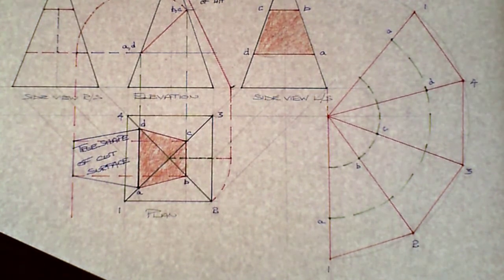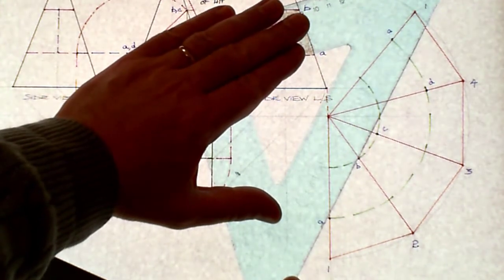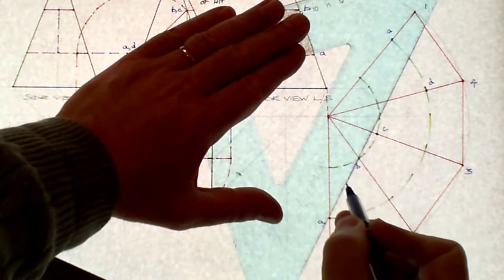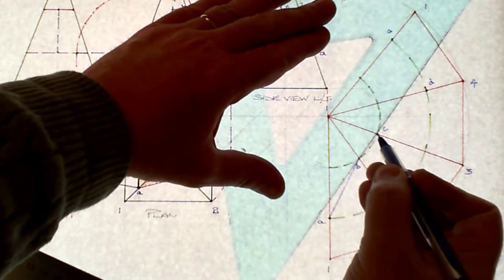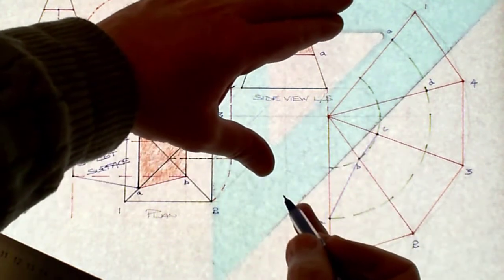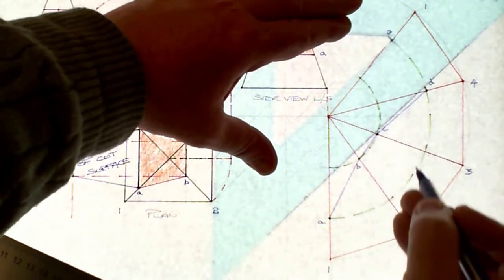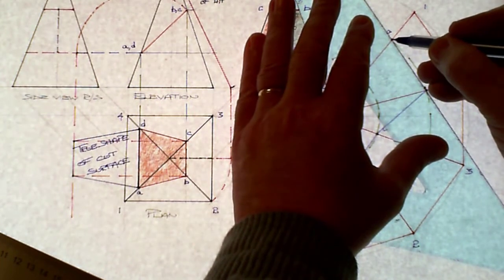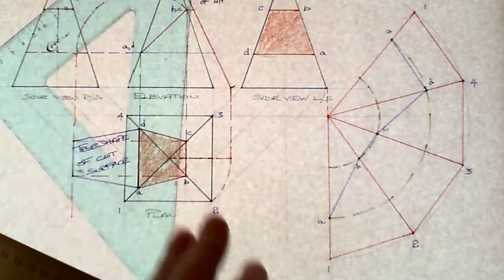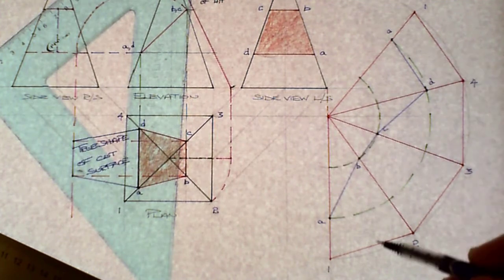Now, if I connect those points up, okay, so points A to B, B to C, C to D, and D to A. What you have here now is an imposition of the cut on the development of the sides.